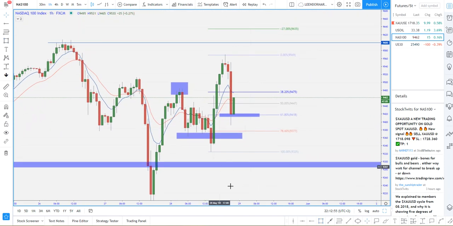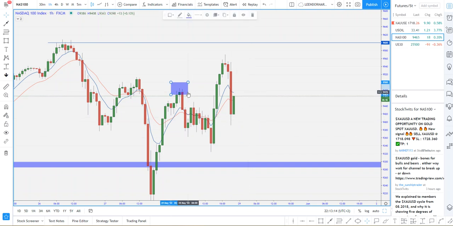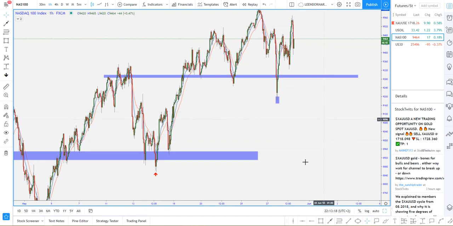From here, we can anticipate that the market can push up to that negative 27, right? This can be a possible scenario on NAS 100 as well, if we look at it from a different perspective. So this is how you would use the tool to get proper directional bias, and proper anticipated levels of pullbacks and everything else.